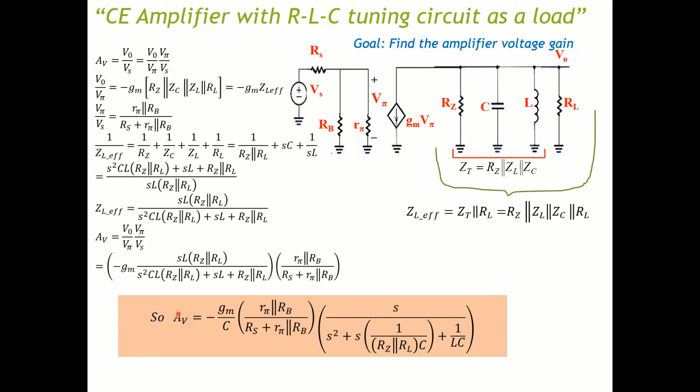Okay, then this A(s) is equal to negative gm over C, then R pi parallel RB over RS plus R pi parallel RB, over s squared plus s multiplied by 1 over RZ parallel RL multiplied by C plus 1 over LC.